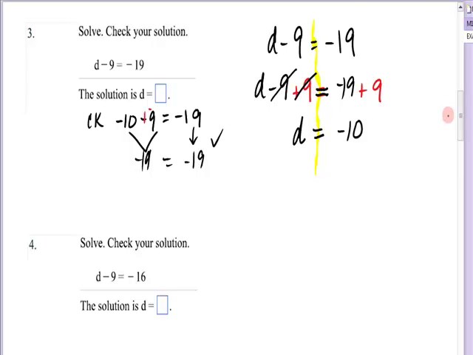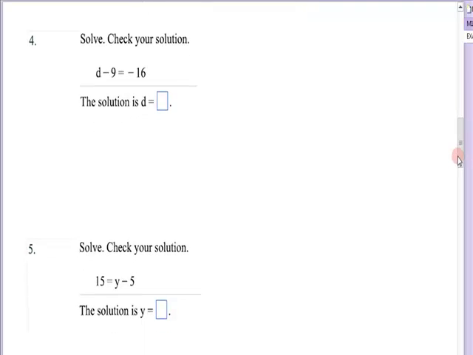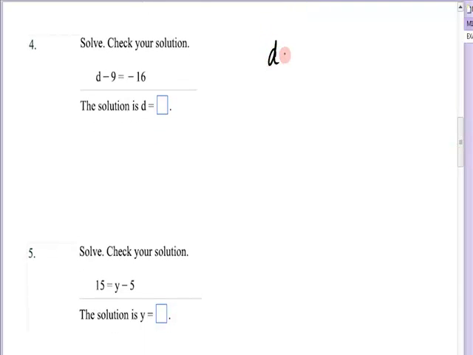All right, let's look at 4. I have d minus 9 is equal to negative 16. There's my barrier. The side that tells you what to do is the side with the variable. It has d minus a 9. I want to get rid of minus 9. The inverse of that is add 9. You're undoing the problem.